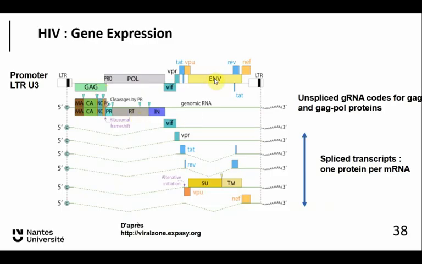So ENV, that's for the envelope glycoproteins. POL, that's for polymerase, so it codes for the reverse transcriptase and the other enzymes involved in virus replication, which are the integrase and a virus protease. GAG, it's a rather obscure acronym, but it means group antigens.